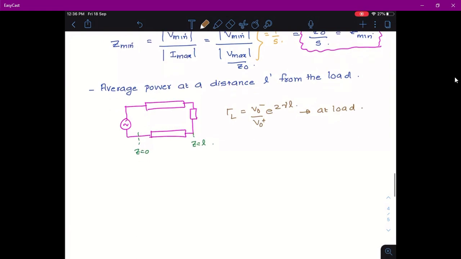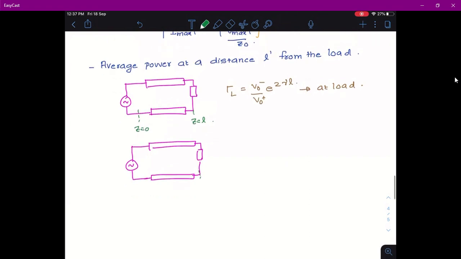Now, to derive the power, we are making a change: we are just shifting the axis. We already said that everything is related to the load, so what matters is how much the distance from the load is.